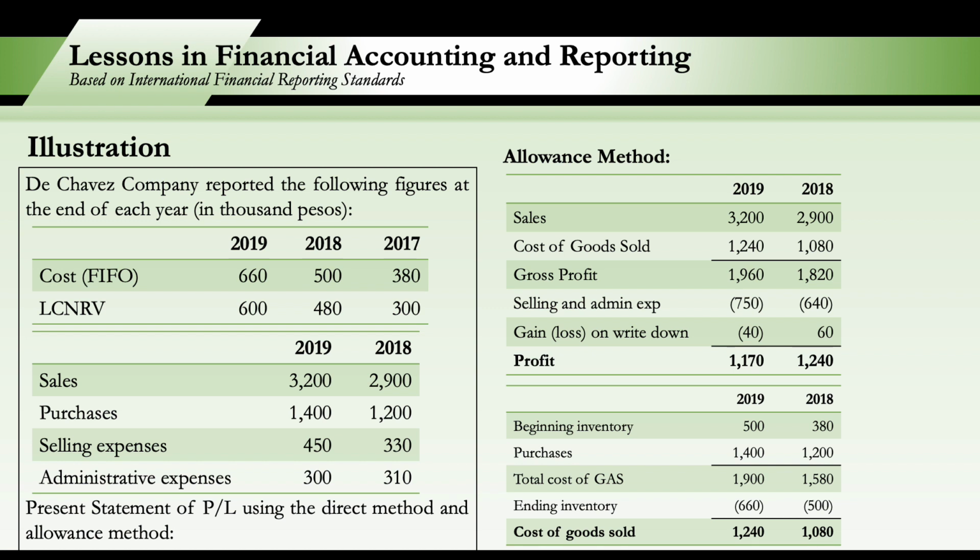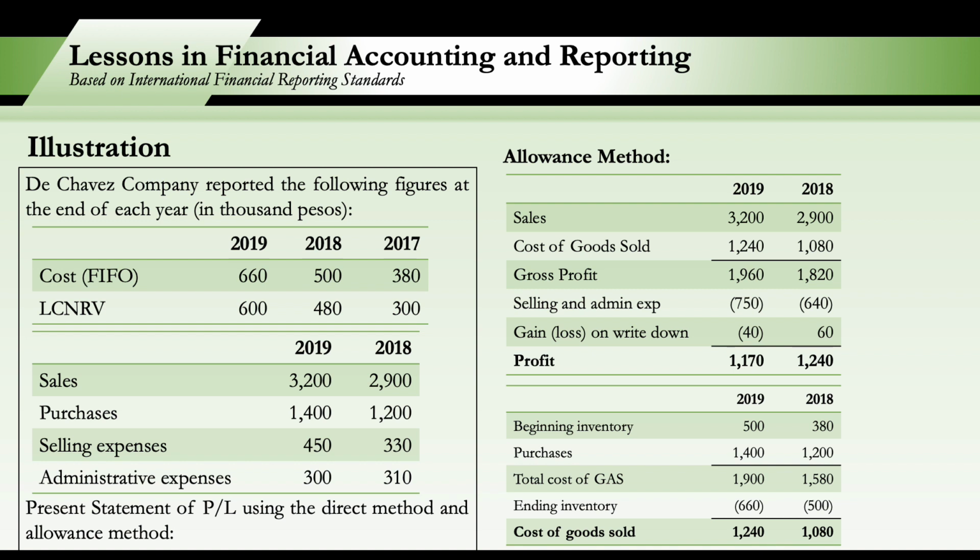And there are other views na ang gain or loss on write-down, kumbaga dito sa computation natin sa allowance method, parang naging other income or other expense siya, di ba? So yung 60,000 other income yan, and then yung 40,000 other loss yan. There are other views na yung gain or loss on write-down ay treated as adjustments directly to cost of sales.